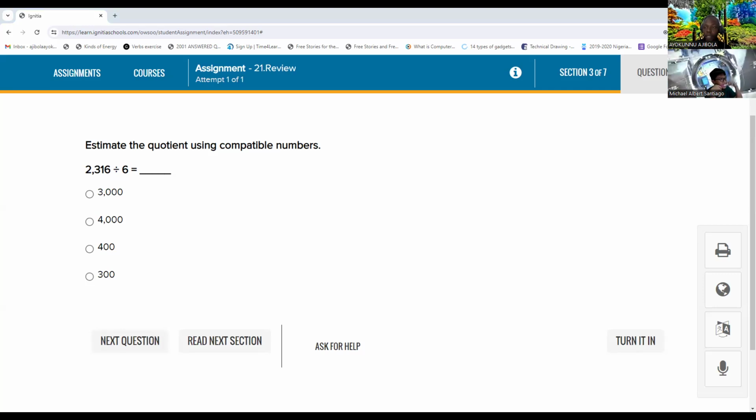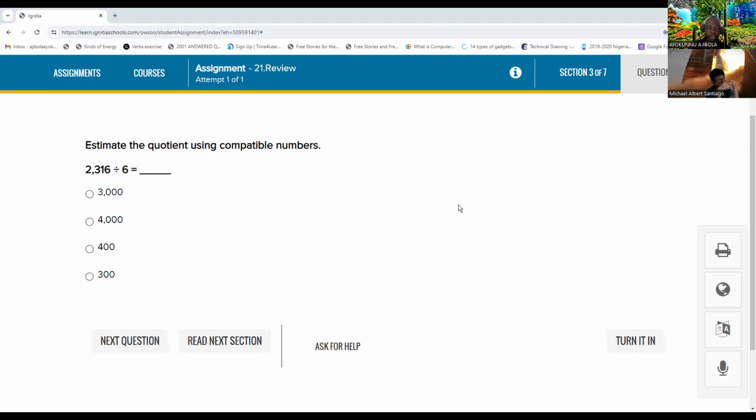So then the answer should be what? 3,000. No, I said 24 divided by 6. 24 is compatible with 6, okay? So 24 divided by 6 is 4. Then you have 2 zeros, 4 and 2 zeros.